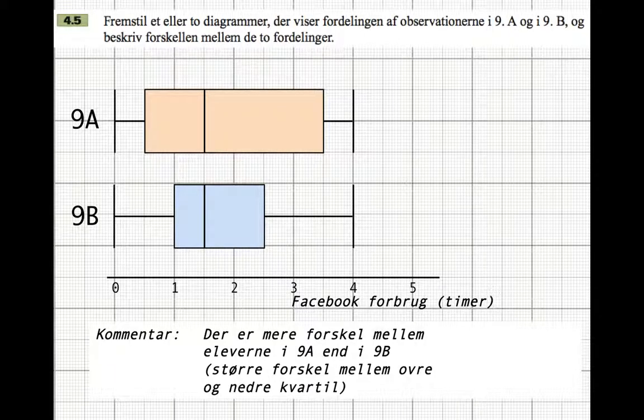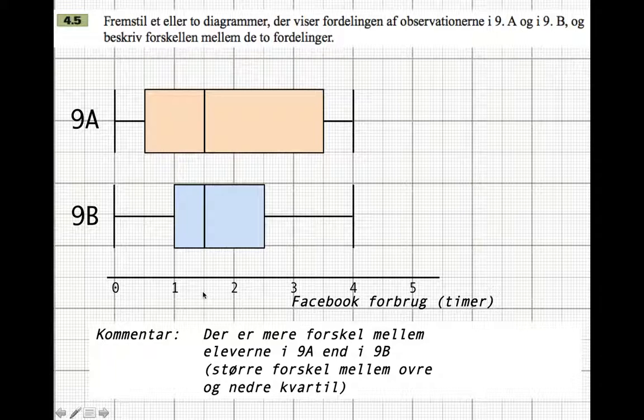And then I've written there's more difference between pupils in 9A than in 9B, bigger difference between the upper and lower quartiles. So in other words, 9A is more spread out. Really, with a box plot, you want to say two things. You want to talk about where the data is positioned, and both sets are similarly positioned. They both have a median about 1.5.